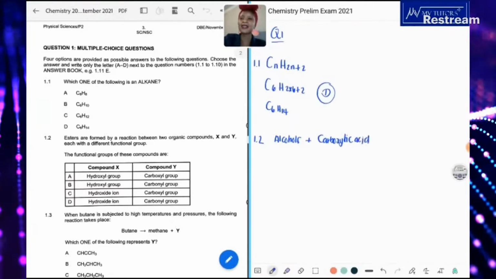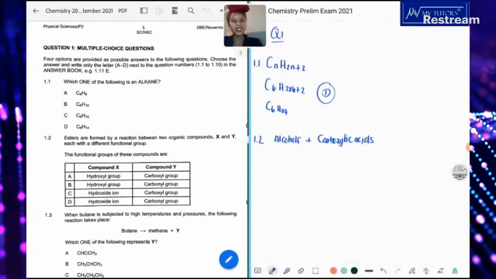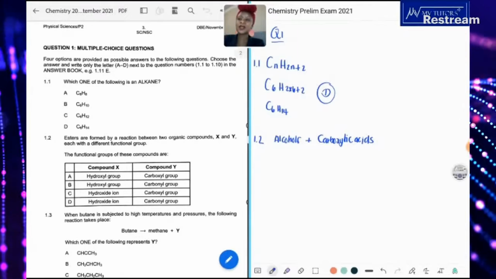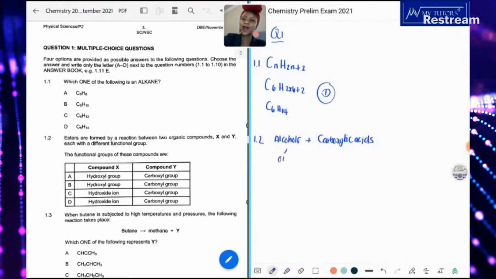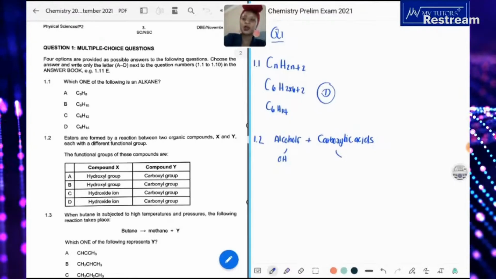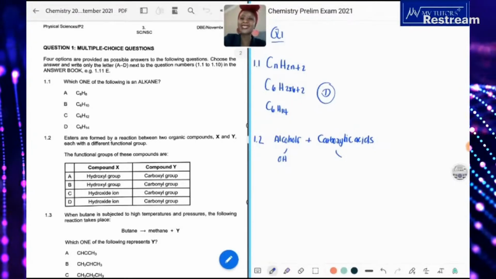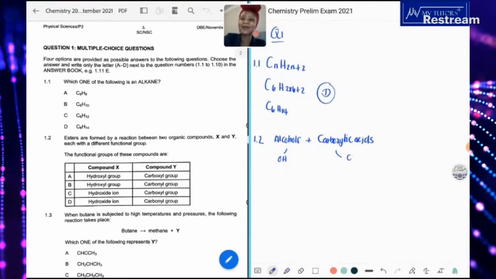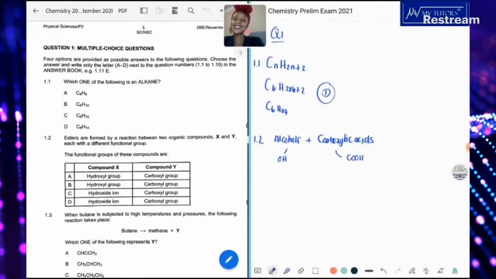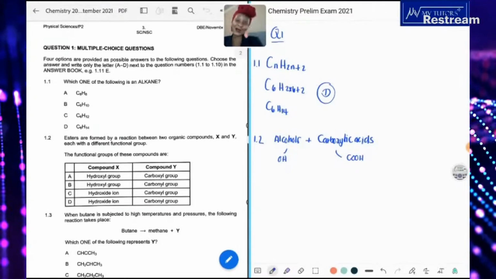You need alcohols as well as carboxylic acids to form an ester. From the alcohol, we have the hydroxyl group, and for the carboxylic acid, you have the carboxyl group. Remember how you identify a carboxylic acid? COOH.